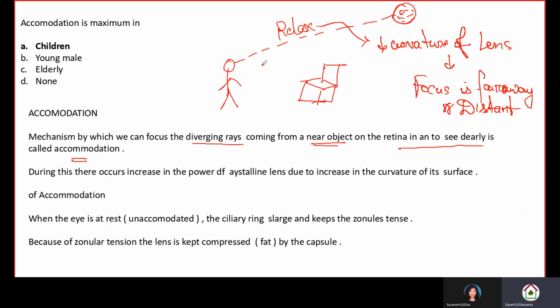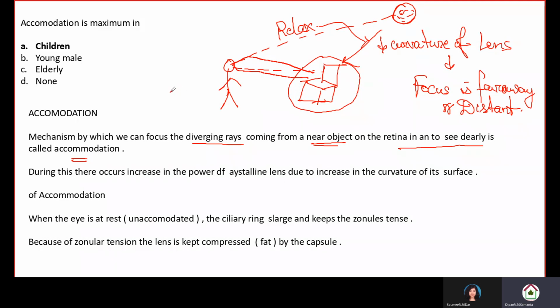So when suddenly our focus comes from the moon to this chair, what will happen? Looking at the chair means light is coming from much nearer than the moon, and as the light is coming from the nearest source, we need to converge it more and more on the retina. So for a clearer view, what do we need to do?